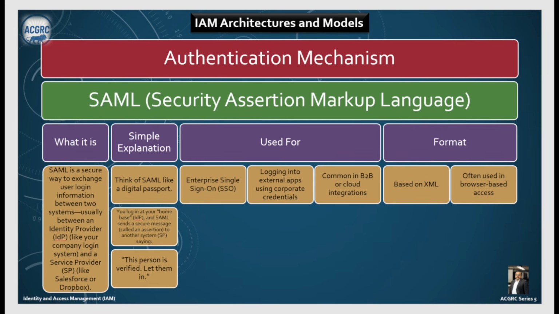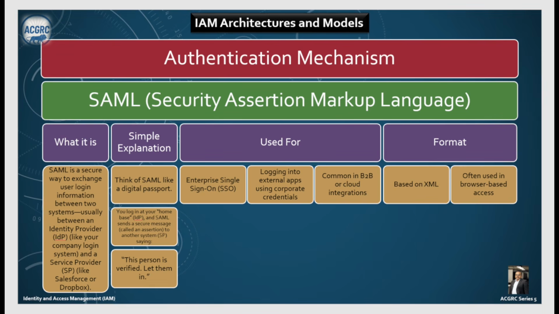Let's look at the authentication method of Security Assertion Markup Language. What is it? Well, SAML is a secure way to exchange user login information between two systems, usually between an identity provider like your company login system and a service provider like your Salesforce or Dropbox. In simple explanation, think of SAML like a digital passport.